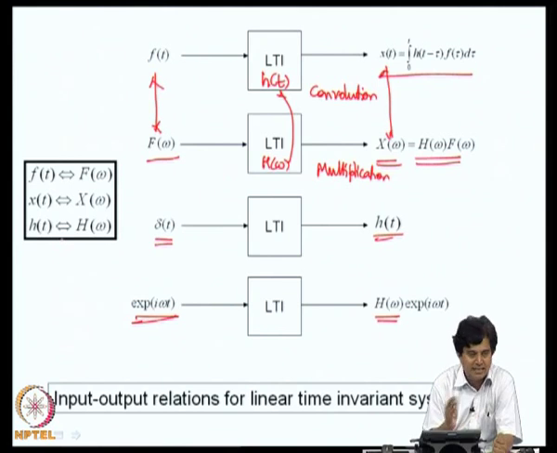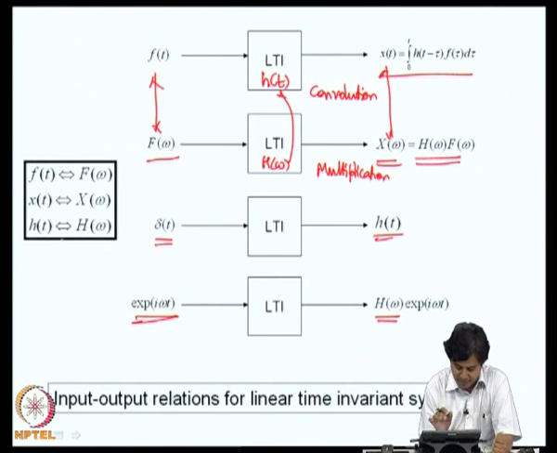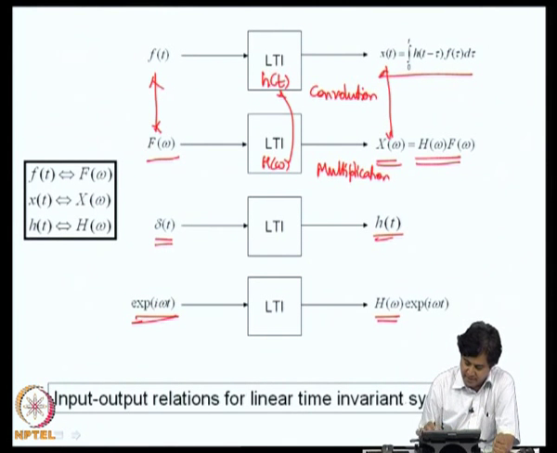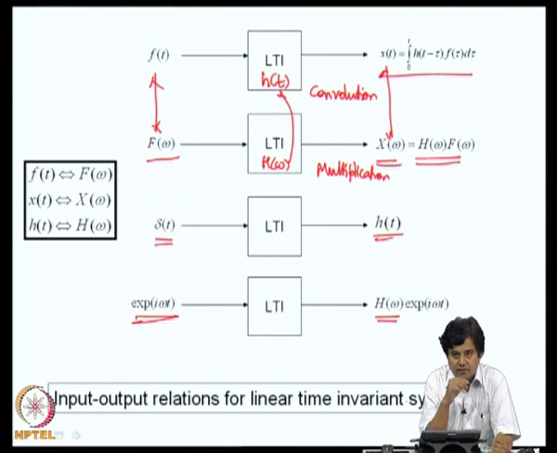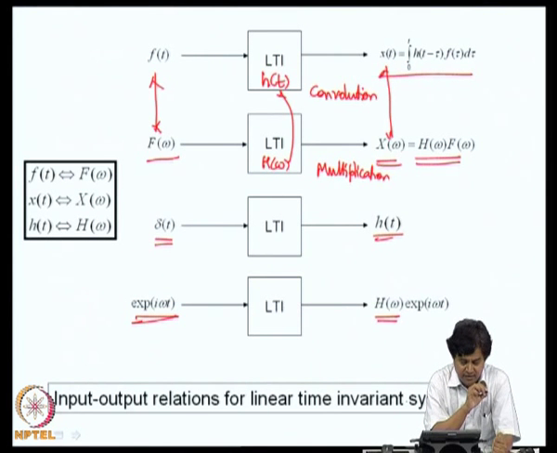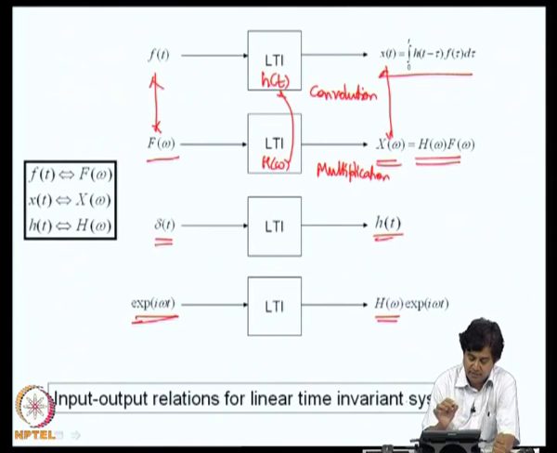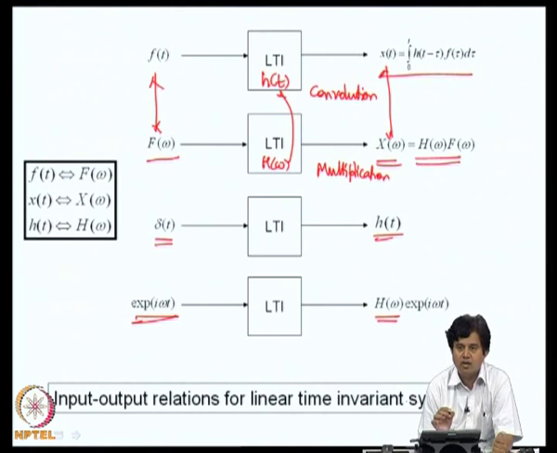So, there is a nice picture that emerges, which in a nutshell constitutes the input output relations for linear time invariant systems in time and frequency domains. Here I am talking about description of the system, therefore, the question of excitation being random or not does not arise. So, we have been defining that in terms of impulse excitation and harmonic excitation.